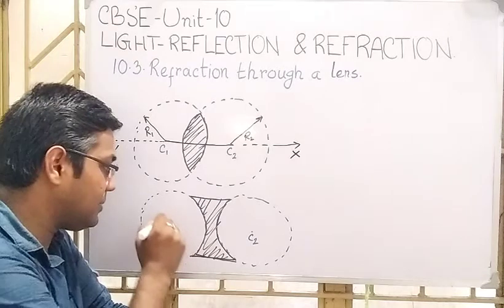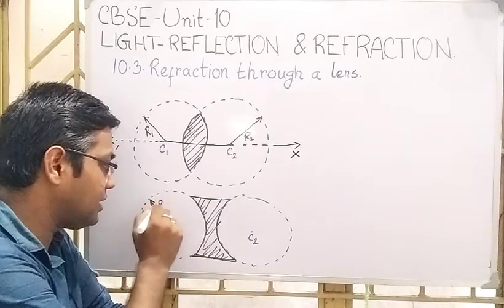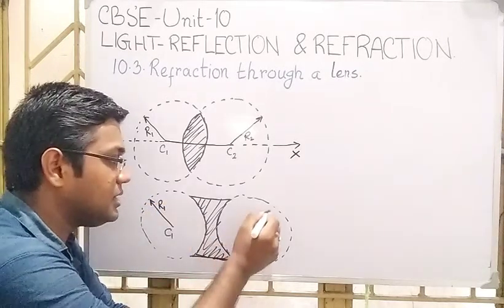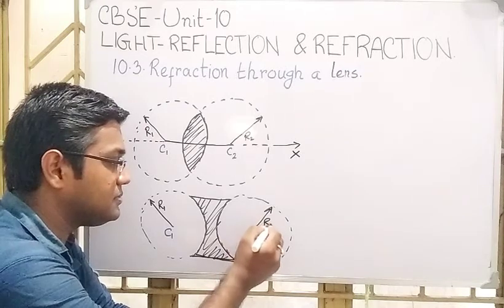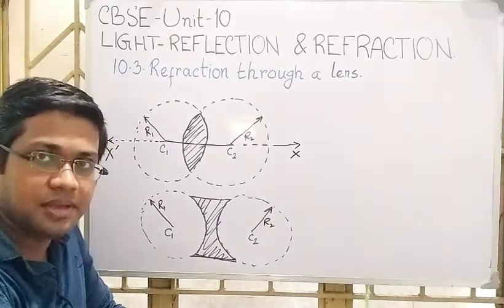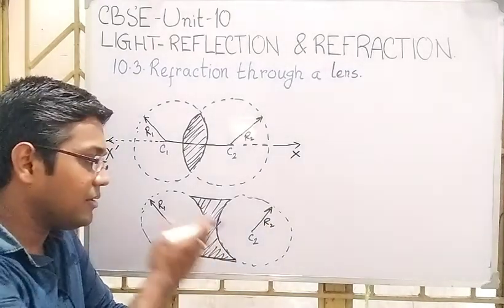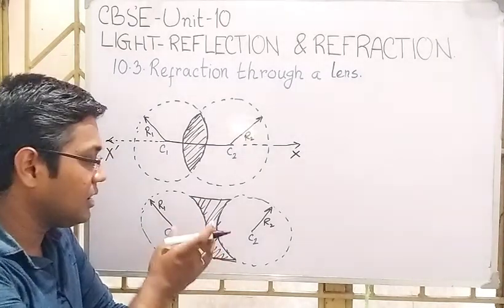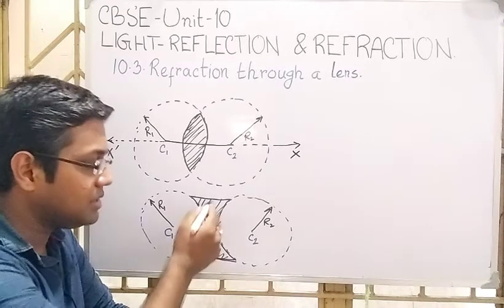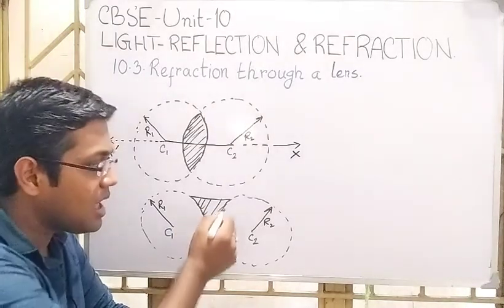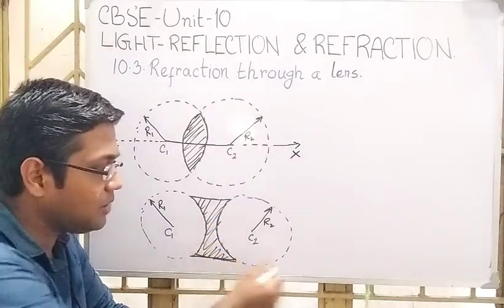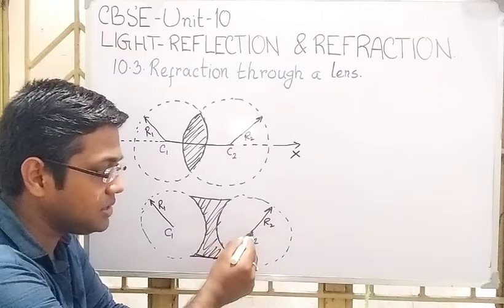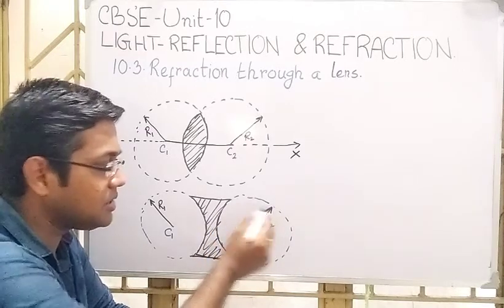This sphere has a radius of curvature R1. This sphere has a radius of curvature R2. Obviously, it is a section of a three-dimensional thing. In other words, this is a refracting surface. This refracting surface is part of the sphere of center C2 and radius of curvature R2.